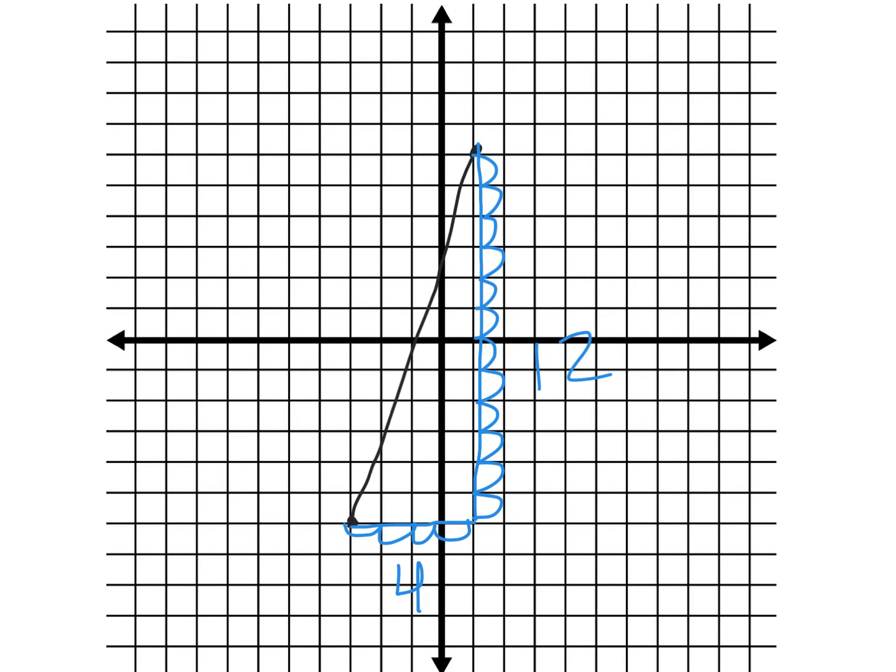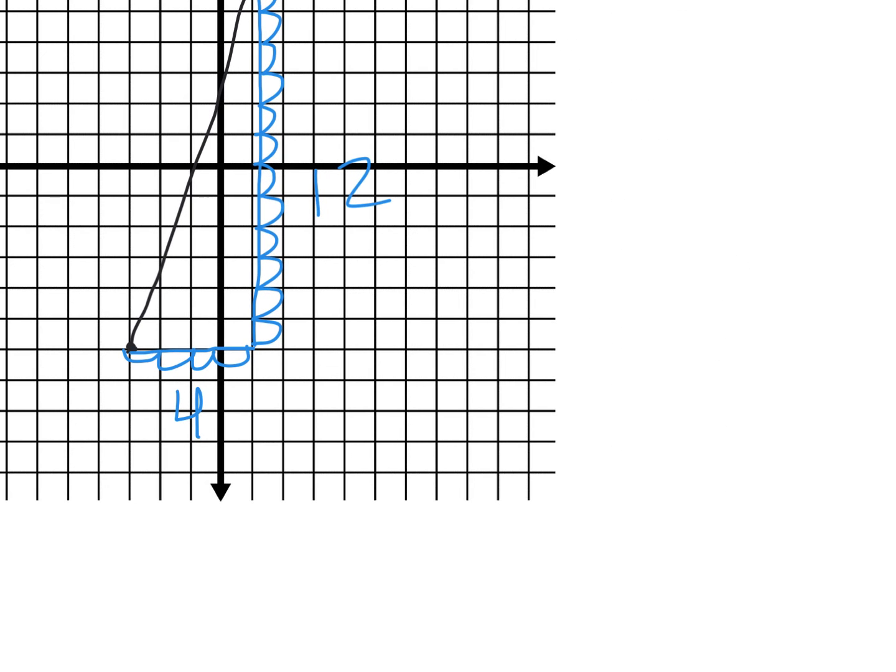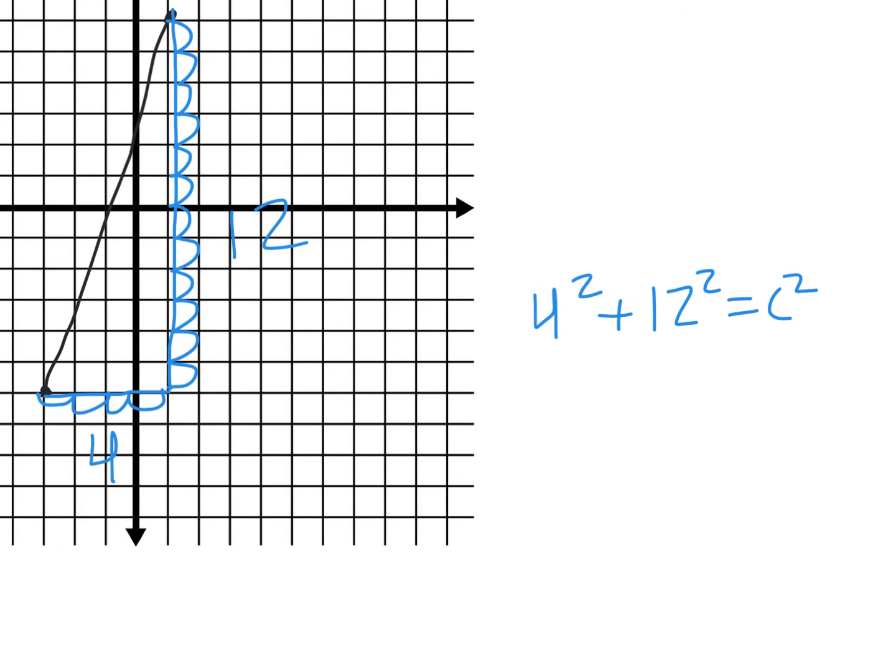Well, now I'm just using a squared plus b squared equals c squared, where a and b are my legs. So I have 4 squared, that's a squared, plus b squared, which is 12 squared, is equal to c squared. 4 squared is 4 times 4, which is 16, plus 12 squared is 12 times 12, which is 144, and that's equal to c squared.